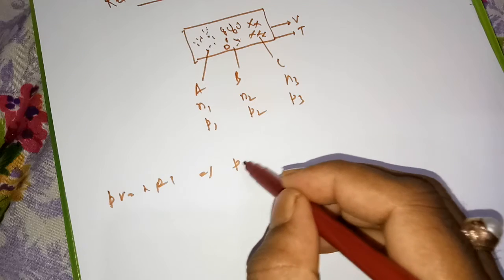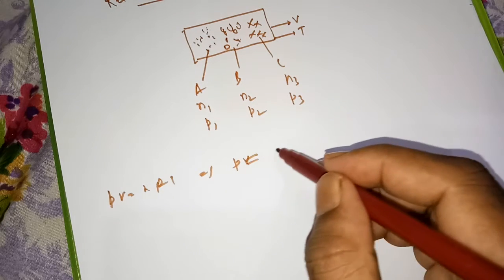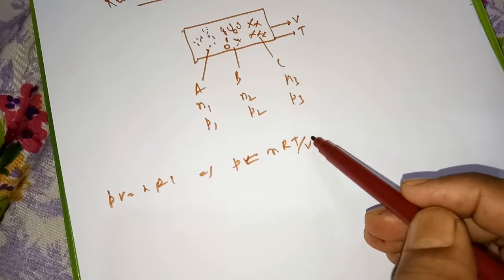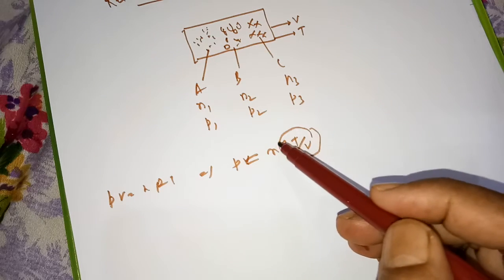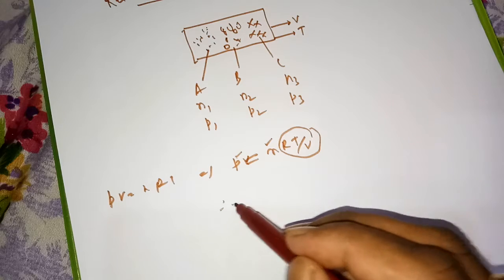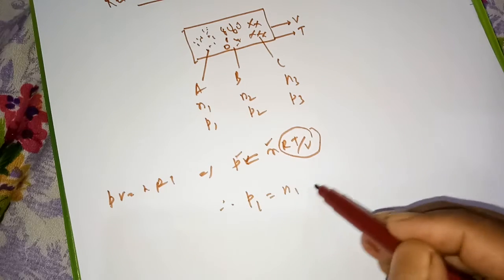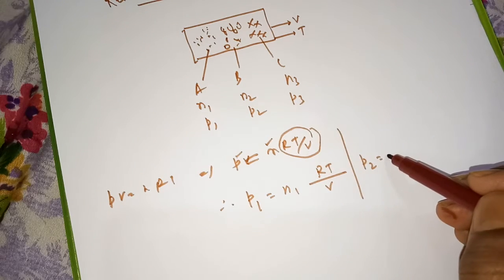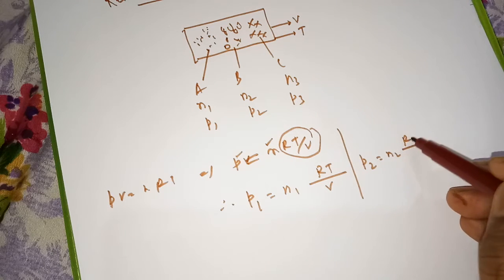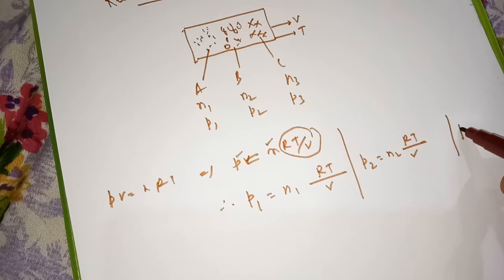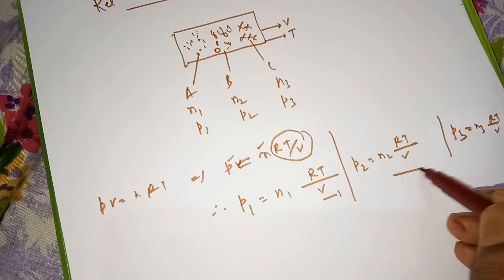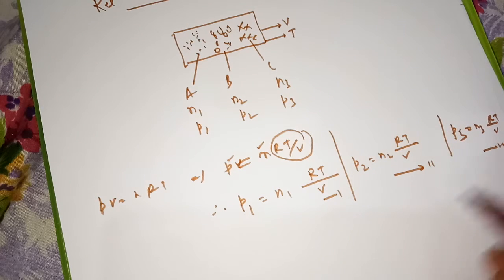Or P equals nRT by V. Since V and T are constants, R is also constant, the variable factors are n and P. Therefore, for A, P1 equals n1 RT by V. For the second gas, P2 equals n2 RT by V. And for the third gas, P3 is equal to n3 RT by V. Consider this equation 1, this equation 2, this equation 3.